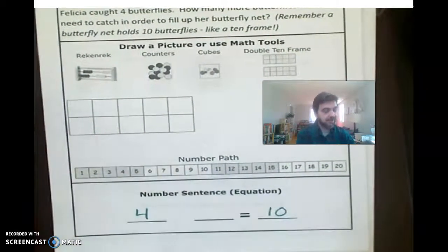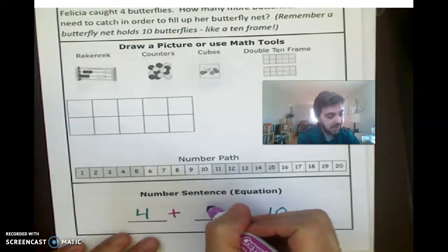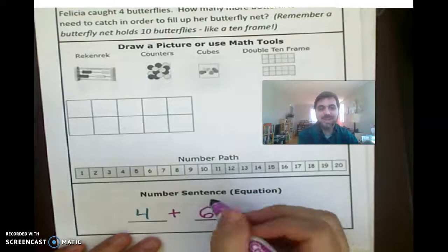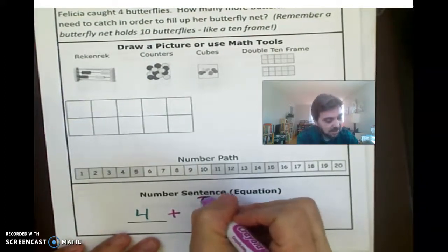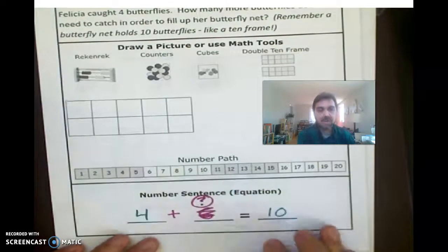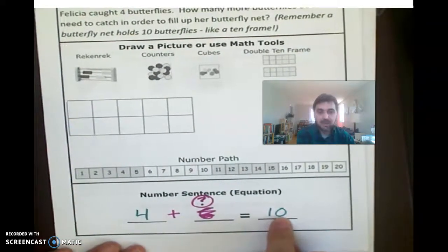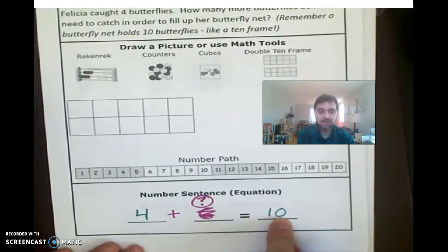So we could say 4 plus how many more butterflies? Oh, I just gave you the answer. Plus how many more butterflies? That question mark is going to get you to 10.